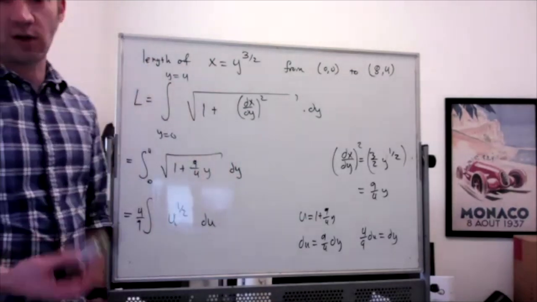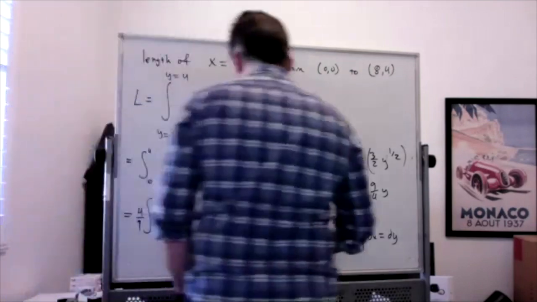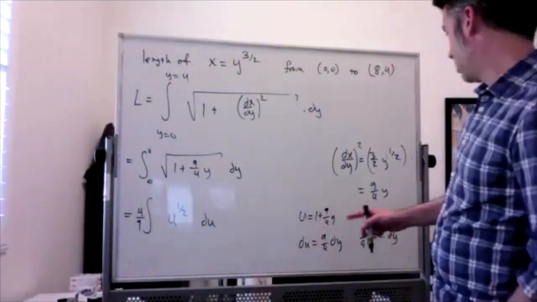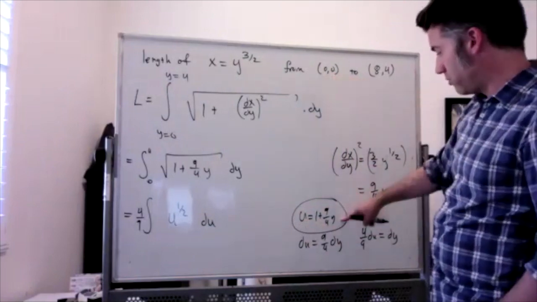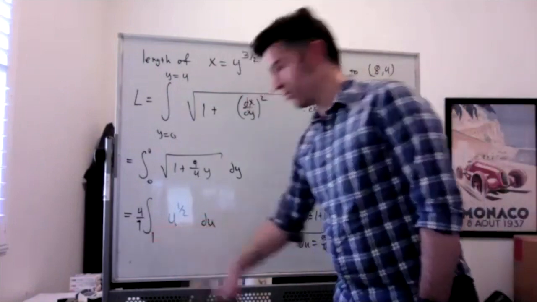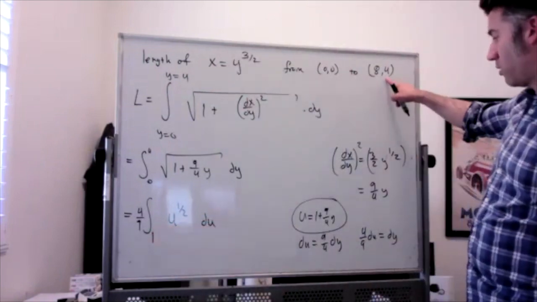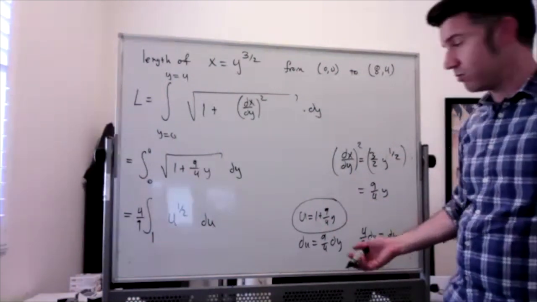Then I would encourage you all to change your limits of integration. If y equals 0, u is going to be 1 plus 0. If y equals 4, u is going to be 1 plus 9/4 times 4, which is 1 plus 9, which is 10.